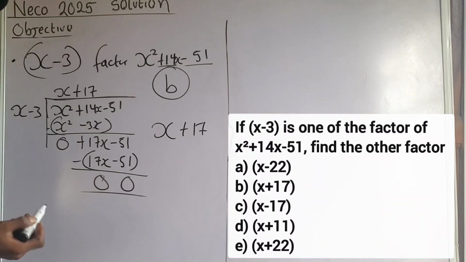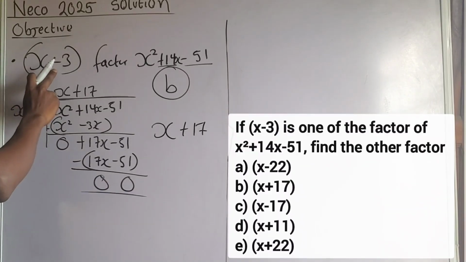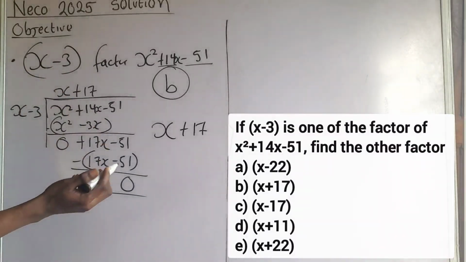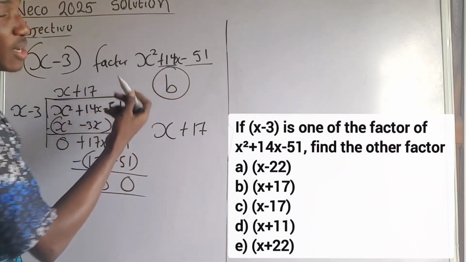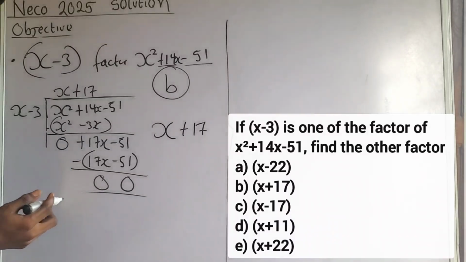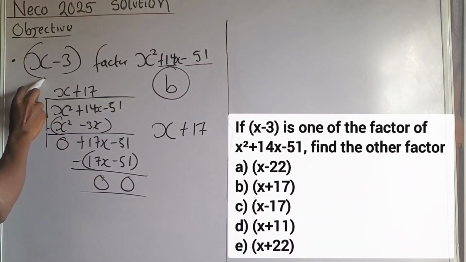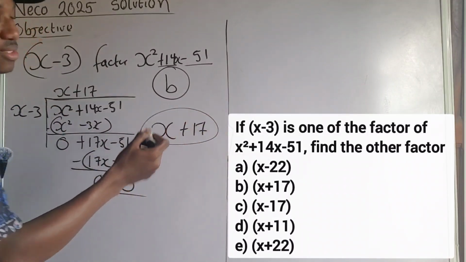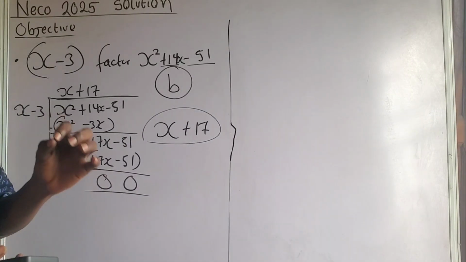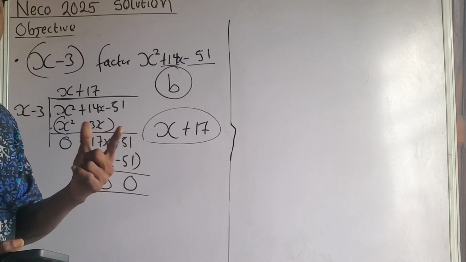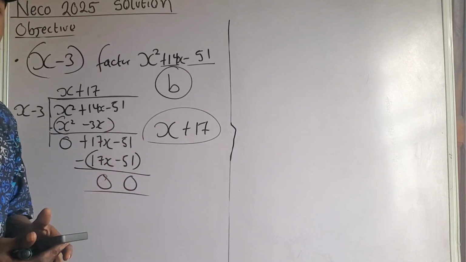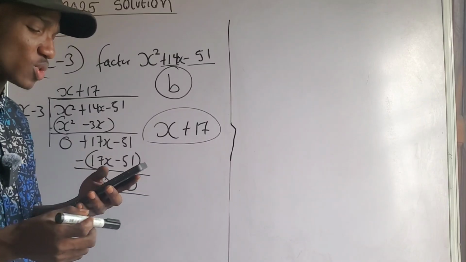The number is 17. 17 times negative 3 will give you negative 51, and 17 plus minus 3 will give you 17 minus 3, that is 14. So that number you are going to add to the variable x. That will give you x plus 17. Okay, so those are the two approaches that you can use. If you want to learn more on the long division method and also polynomial equations, just check the link in the description of this video. Okay, so let's proceed to the next question.